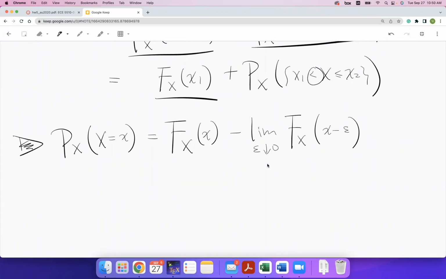So in particular, if the CDF is a continuous function, then we know this limit equals the value of the CDF at x. So in the continuous case, these two get canceled out. So we know that the probability of a random variable taking a certain value is always equal to 0.